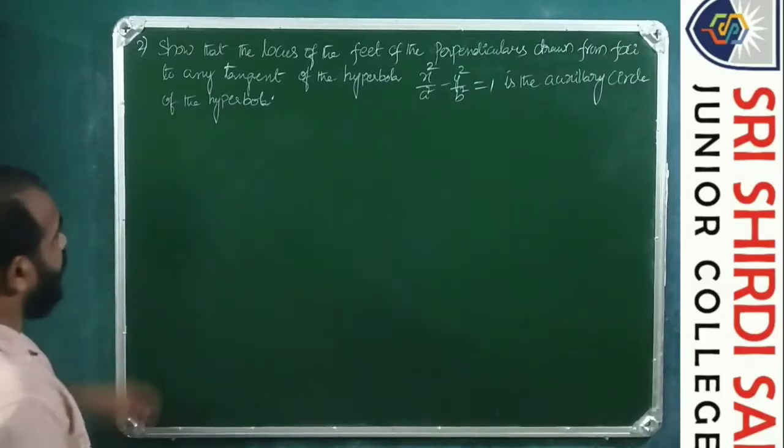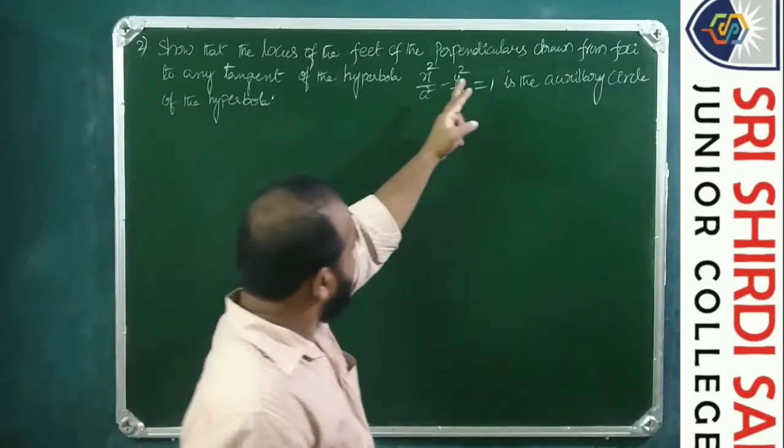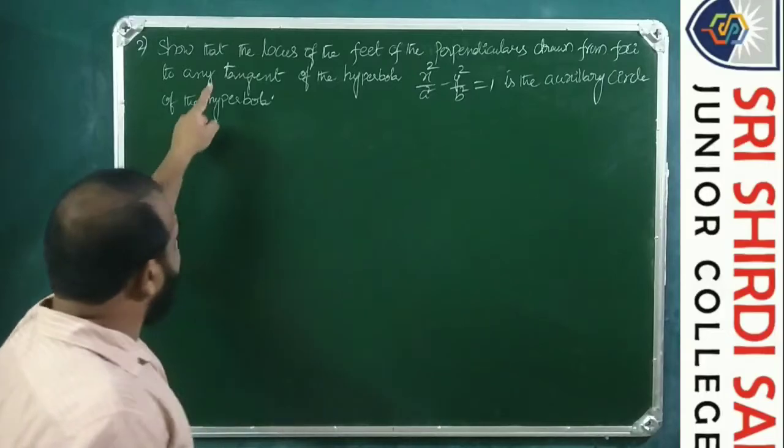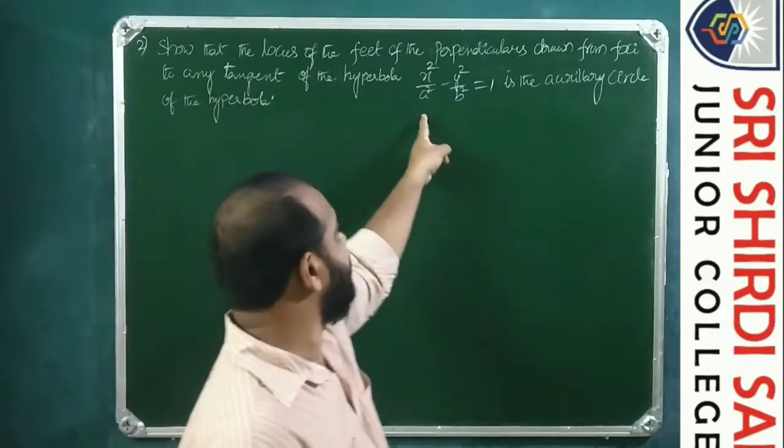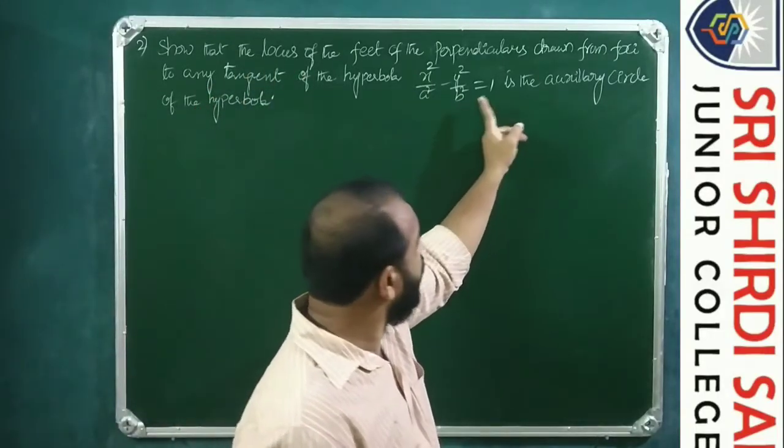Show that the locus of the feet of the perpendiculars drawn from the foci to any tangent of the hyperbola x square by a square minus y square by b square equals 1 is the auxiliary circle.